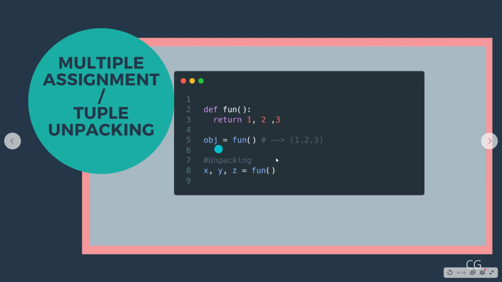This variable will contain a tuple, but thanks to the unpacking we can also assign the result of this function to 3 different variables, and in this case x will have value 1, y will have value 2 and z value 3.